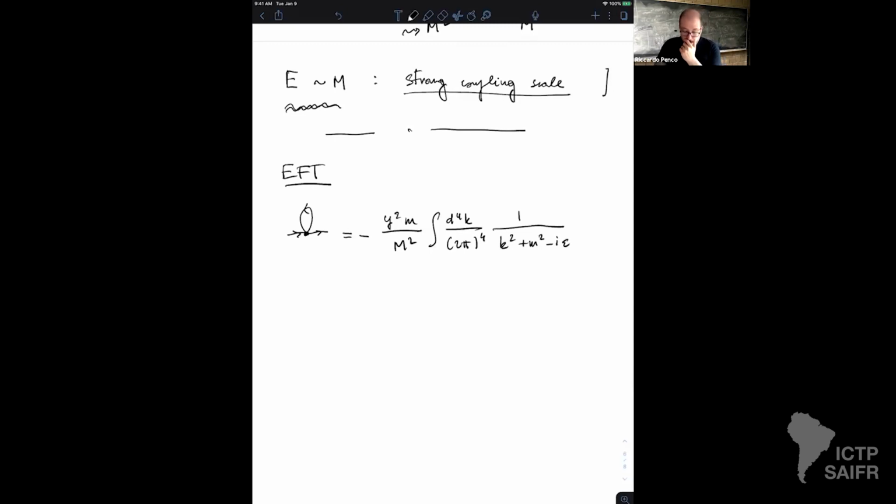Now, this diagram is clearly UV divergent, and one might be tempted to cut off this UV divergence at the scale K star of order M, because we said that this effective theory loses any meaning at energies larger than the mass of the heavy scalar. So why should we even trust integrating in a loop over fermions that have energies larger than M?